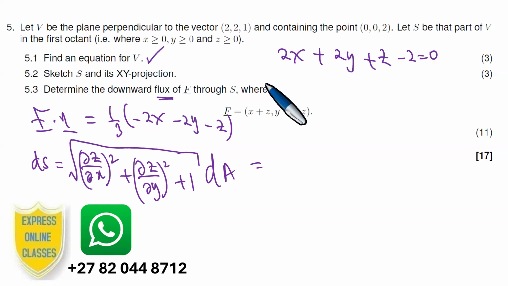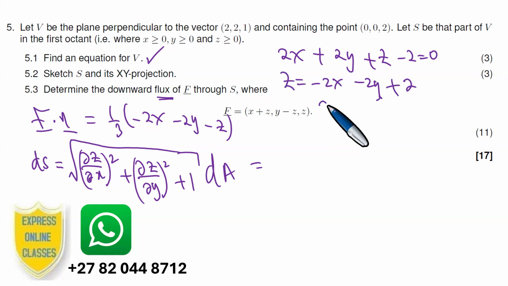Now, with this, what will z be? z will be the same as, for example, minus 2x minus 2y plus 2.